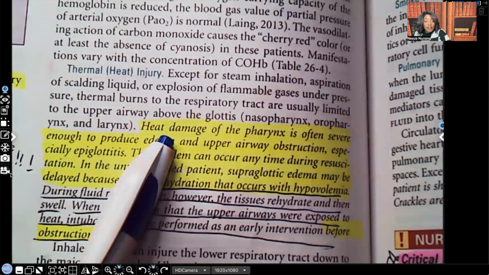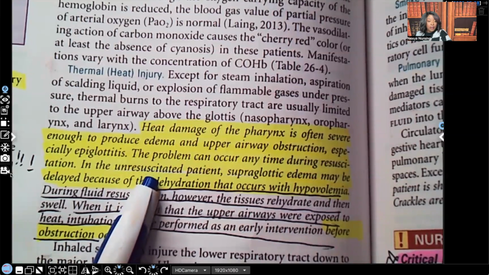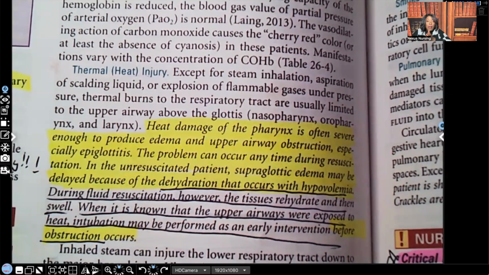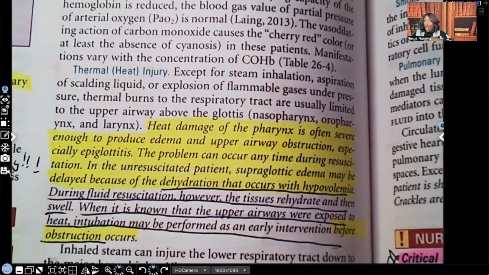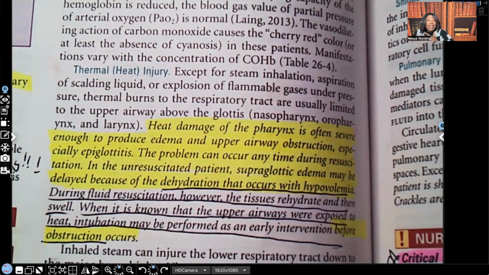Heat damage of the pharynx is often severe enough to produce edema and upper airway obstruction, especially epiglottitis. The problem can occur anytime during the resuscitation phase. In the unresuscitated patient, supraglottic edema may be delayed because of the dehydration that occurs with hypovolemia. Let's talk about this. Remember, guys, during the resuscitation phase, all of the fluid, the protein that was out in the interstitial space is coming back to the vascular space.